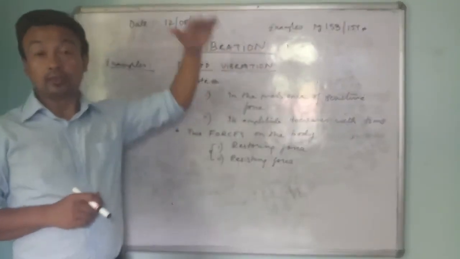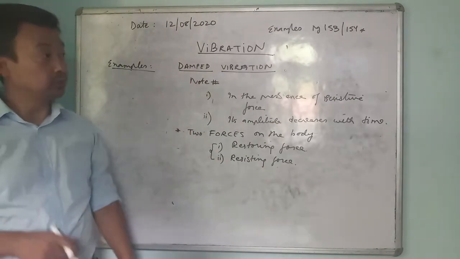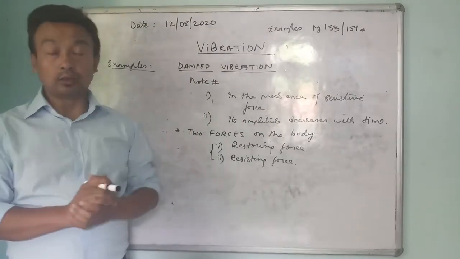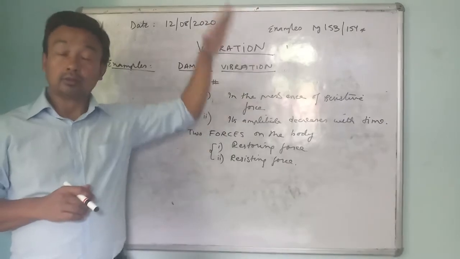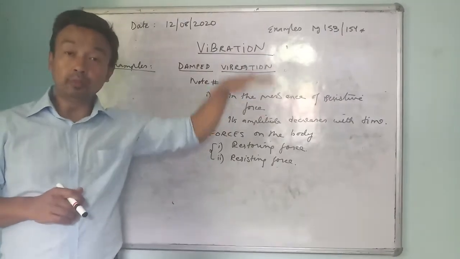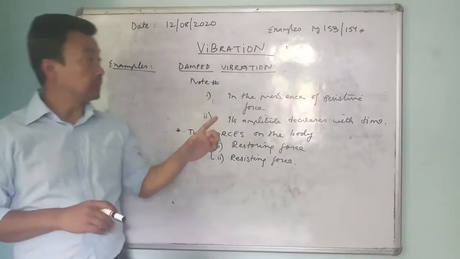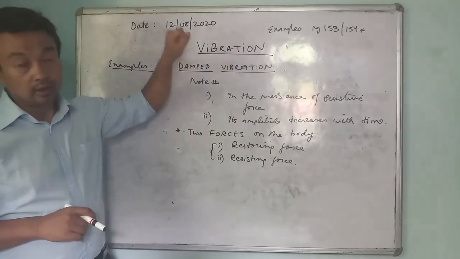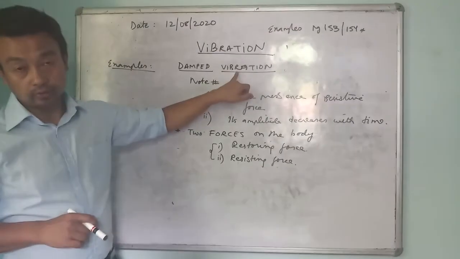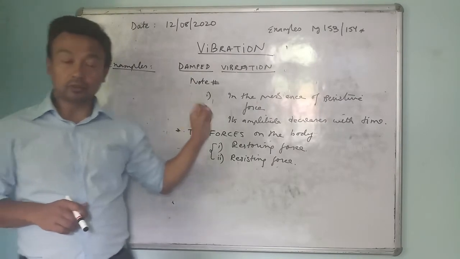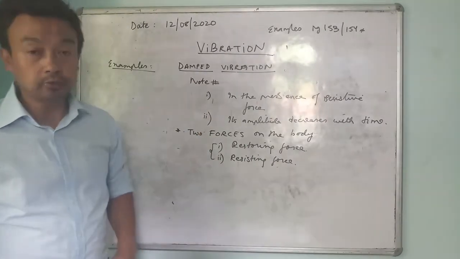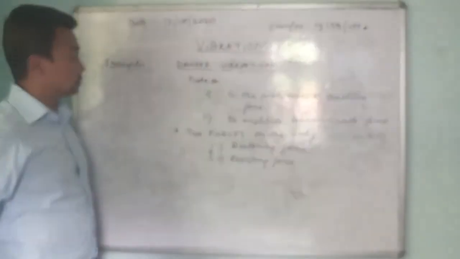You will see there is a vibration of the branches taking place, and if you stay there and observe for some time, the movement of that branch will stop. And that is the example of damped vibrations. Now damped vibration also has the displacement time graph, so I'm going to show you that.